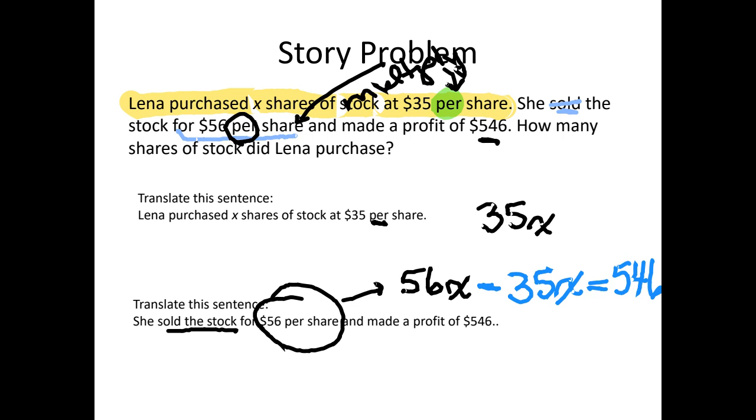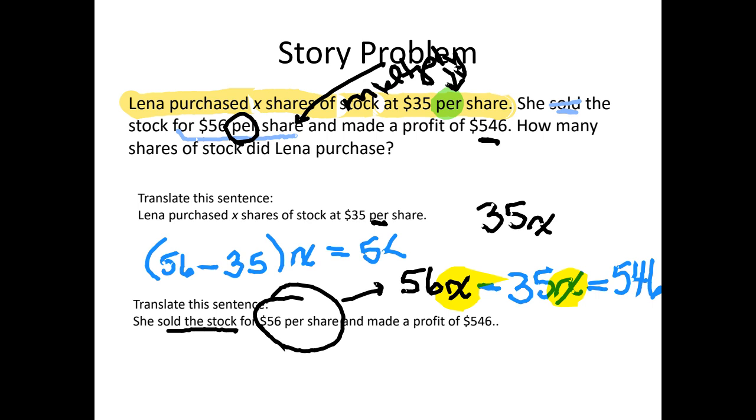Now, I want to show you something. Do you see this as X? This equation could also have been written 56 minus 35, because this is what she sold minus what she bought, times X is equal to 546.